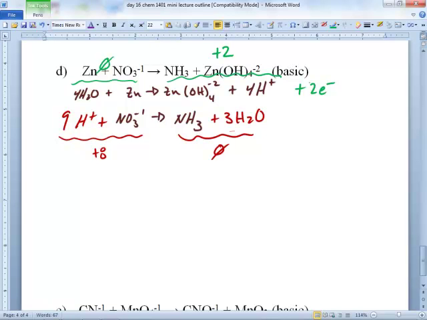Electrons are always going to go to the most positive side, and you keep adding them until it's the same charge on both sides. So the most positive side is going to be our reactants. Each electron's a -1.